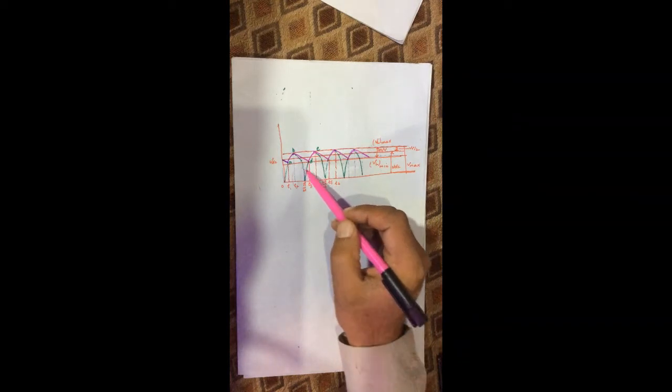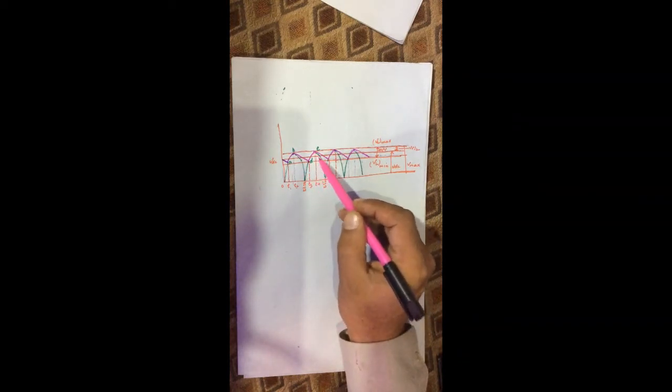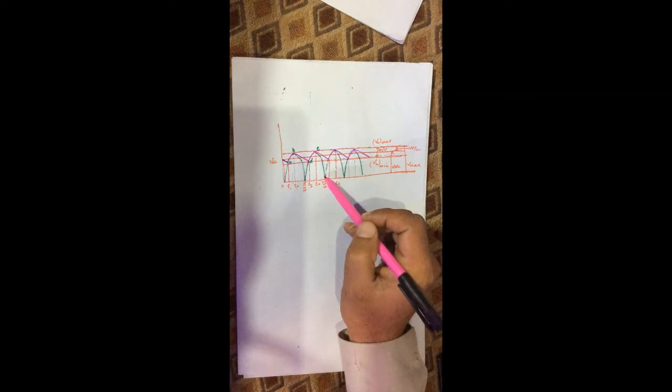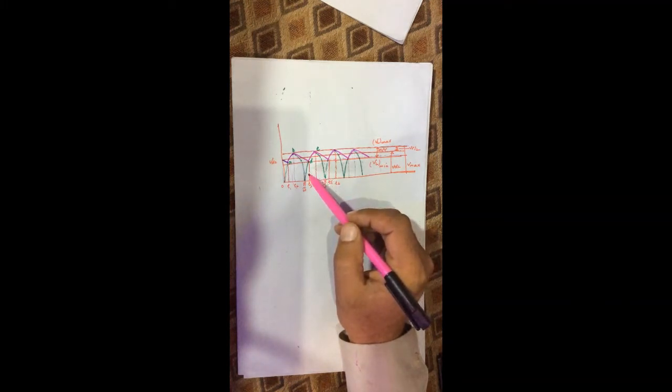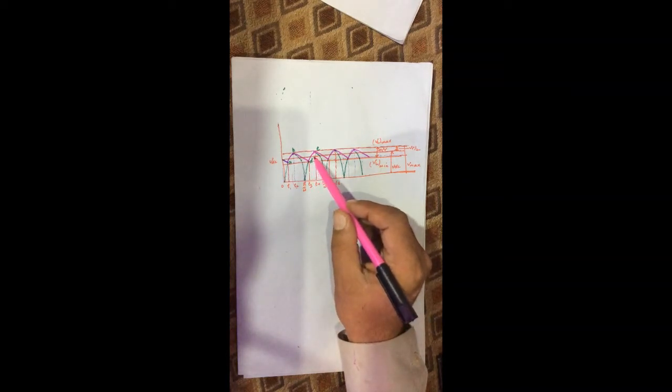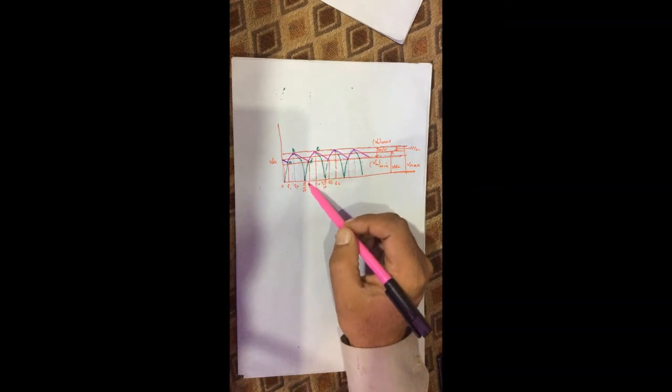During the second half of the rectifier, D2 is conducting and D1 is non-conducting, but diode D2 will be forward biased or conducting when time reaches t equal to t3. At t equal to t3, diode D2 becomes forward biased and it will start charging the capacitor.